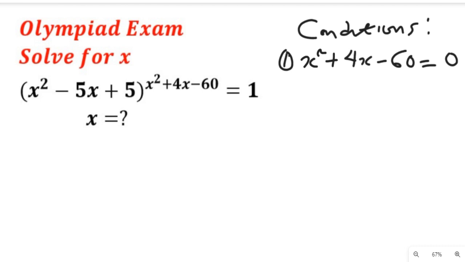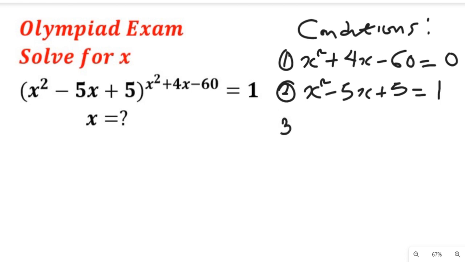That is condition 1. Now in condition 2, the left-hand side of this equation can be equal to 1 if x squared minus 5x plus 5 is equal to 1. Under this condition, the left-hand side of this equation will be equal to 1.